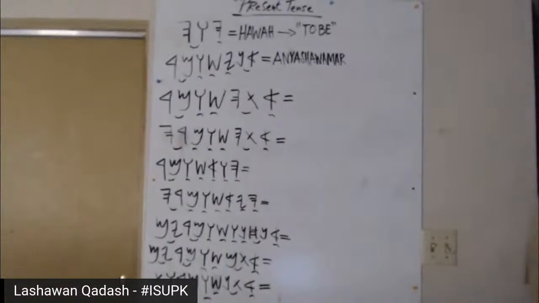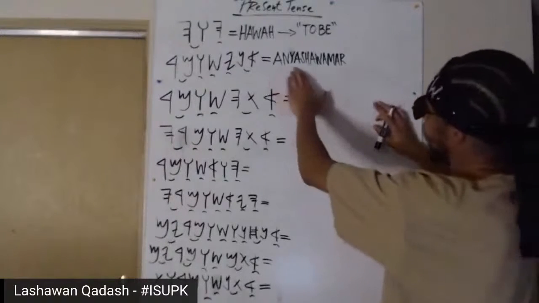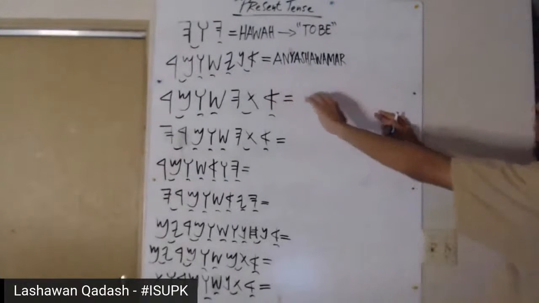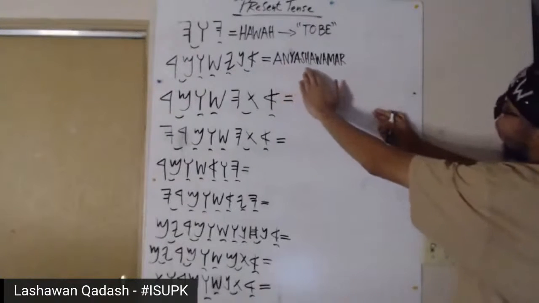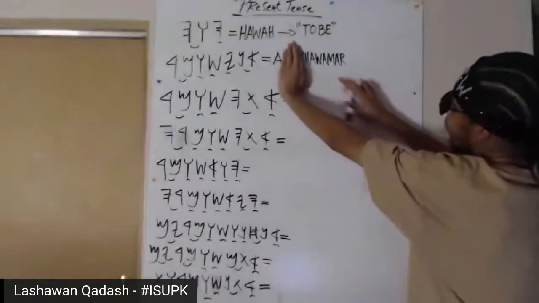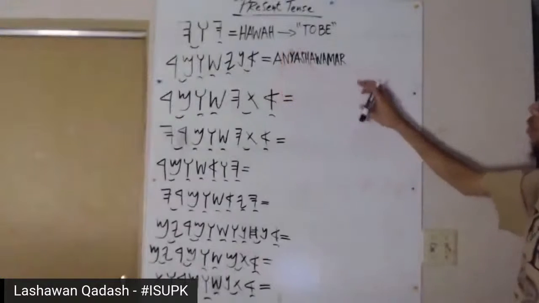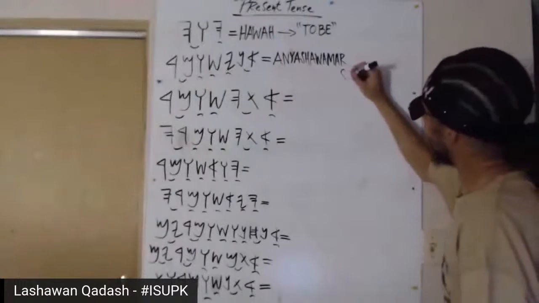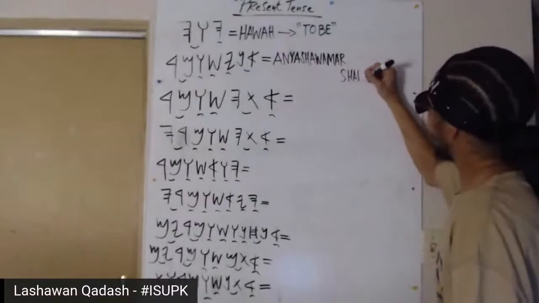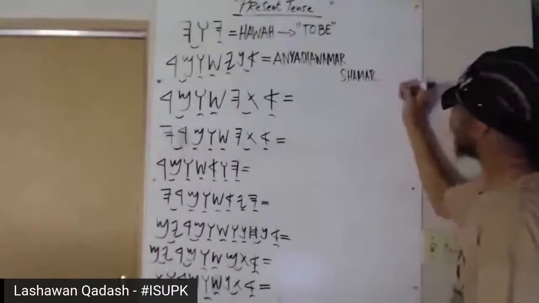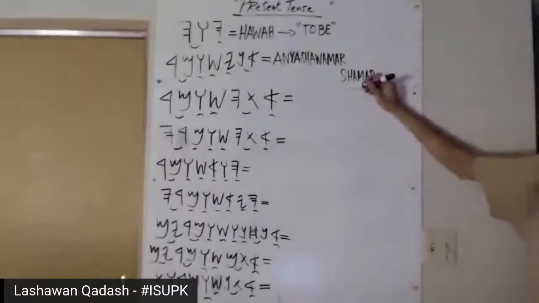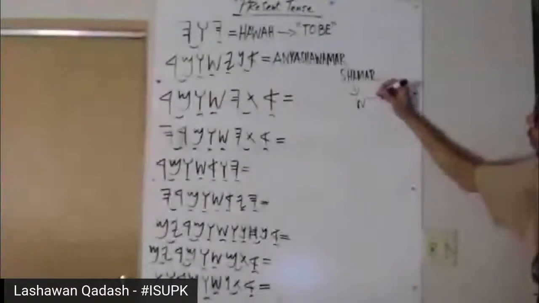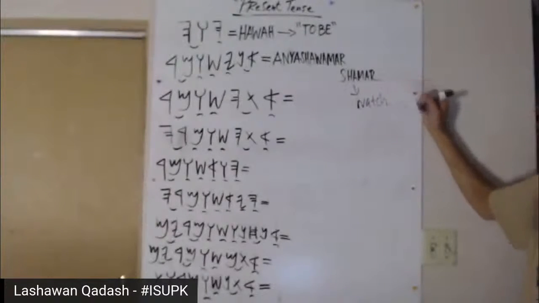Now, on Facebook, if you see that name, that's going to be General Shawamar. Of course, he put Anya on purpose, but otherwise the general's name is Shawamar. The root word is going to be Shamar, which means watch.